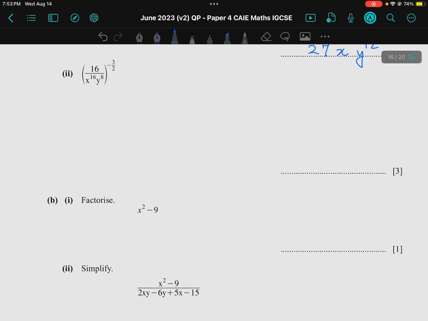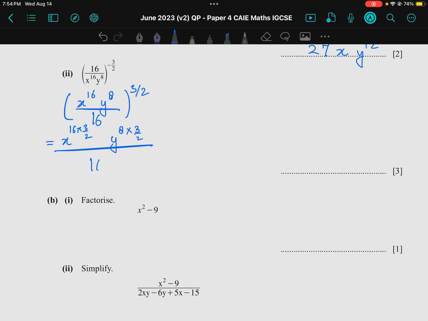The other one, 16 whole to the power minus 3 upon 2. So when you flip it, the power will become positive. You can write it as x to the power 16, y to the power 8 upon 16, and then the power will become positive. Now open the bracket, then 16 is multiplied by 3 upon 2, y to the power 8 is also multiplied by 3 upon 2, and 16 whole to the power 3 upon 2.